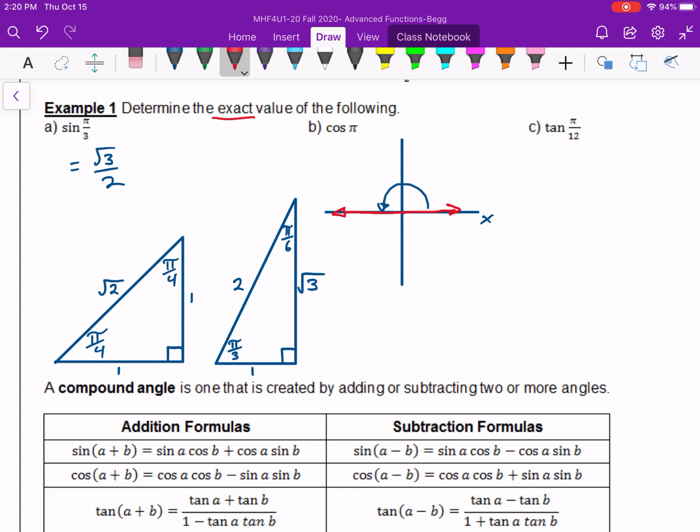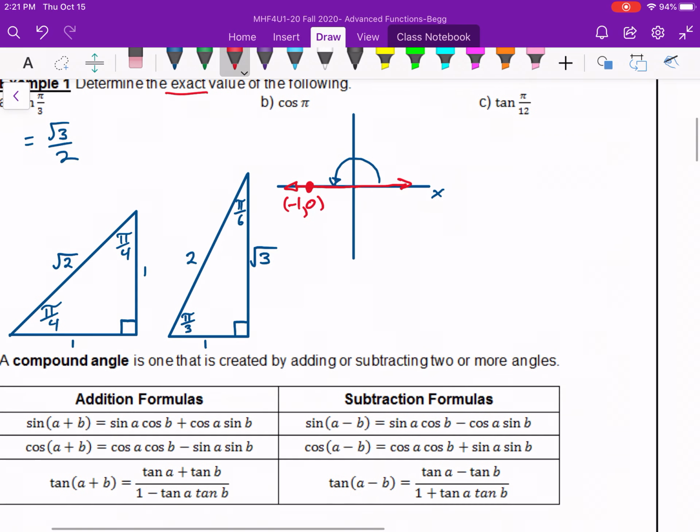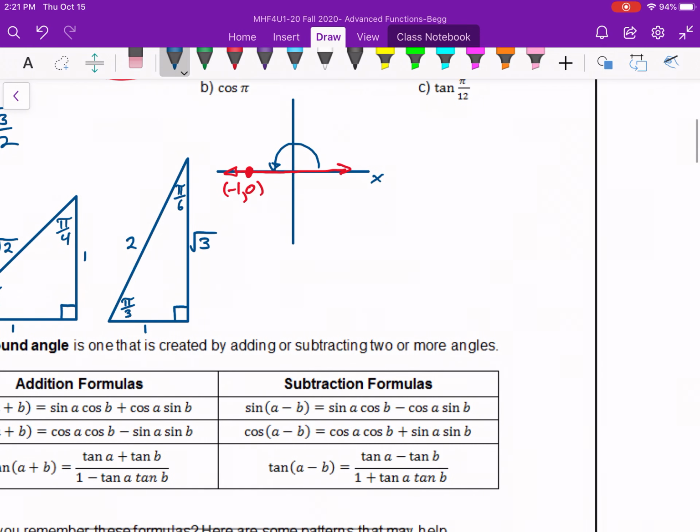So it doesn't matter. Think of the unit circle. And on the unit circle, we would then have this point, -1, because it's on the negative x-axis, and 0 for the y value, because it's on the x-axis. So at this point, -1, 0. On the unit circle, we identified values as x, y, and r.